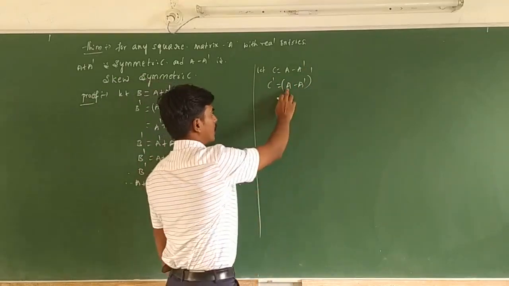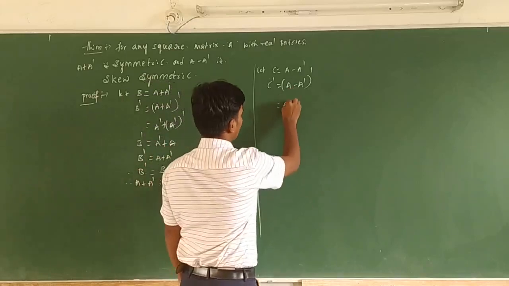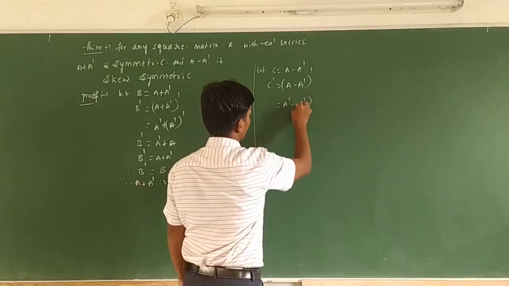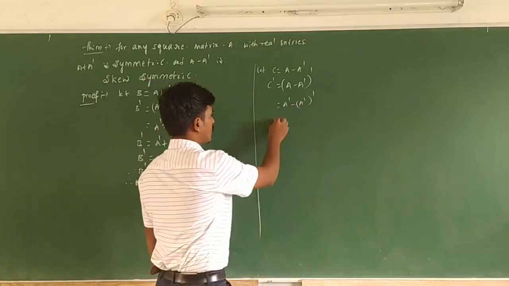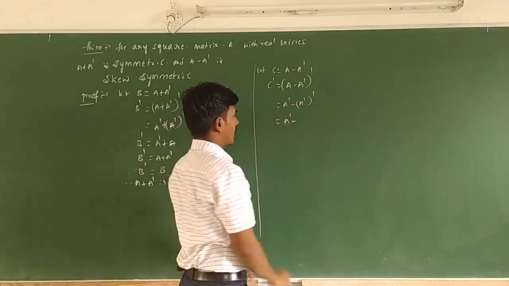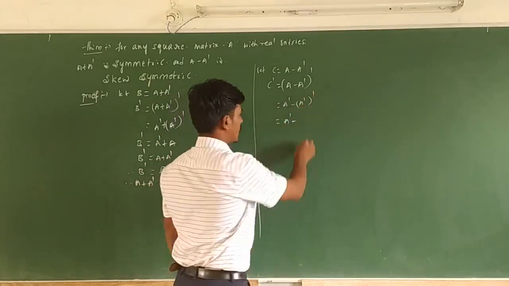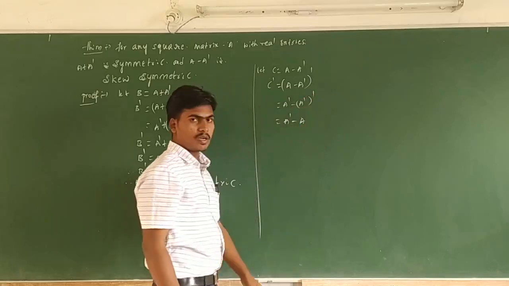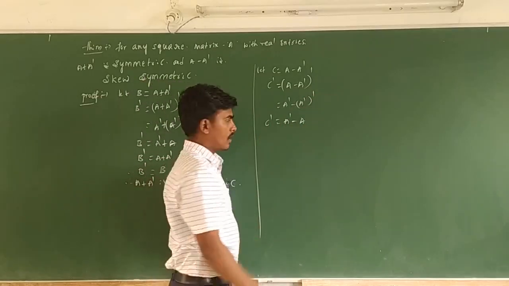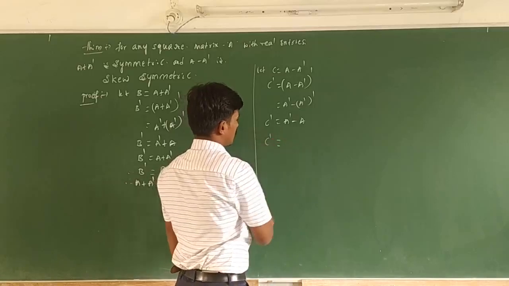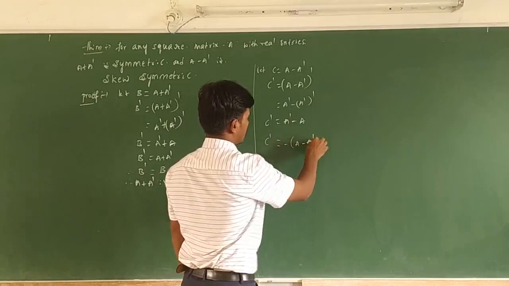Again from the properties of transpose of a matrix, what do we write? A transpose minus A transpose whole transpose. Which is equal to A transpose minus, again from the transpose properties, A transpose whole transpose equals what? It is A. So C transpose equals, taking minus as common factor, what do we get? Minus of A minus A transpose.